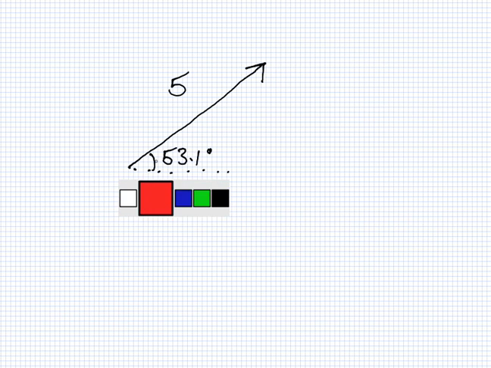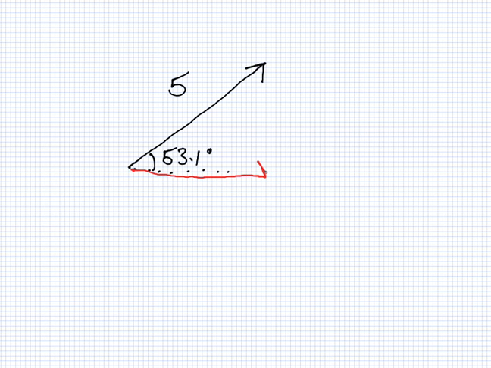This vector has magnitude 5 and its direction is 53.1 degrees. Some people have a calculator. If I want to know this part, I calculate 5 cos 53.1. Type that in, and what do you get? 3.